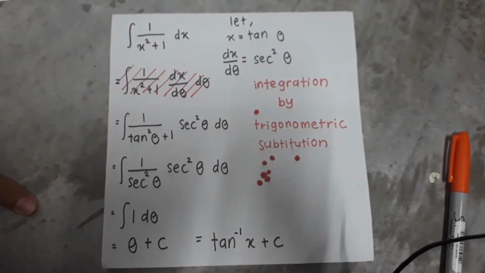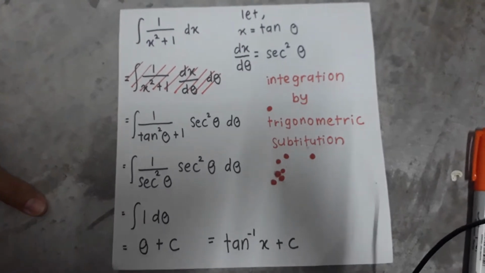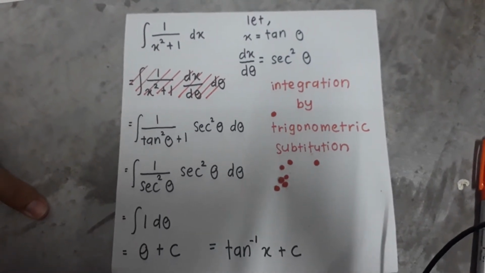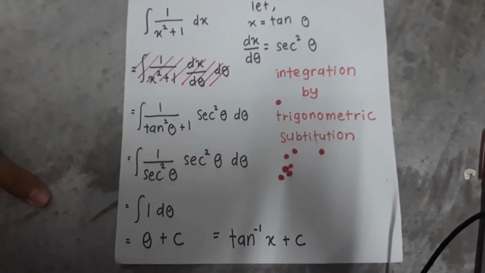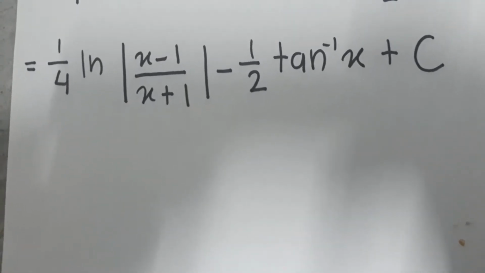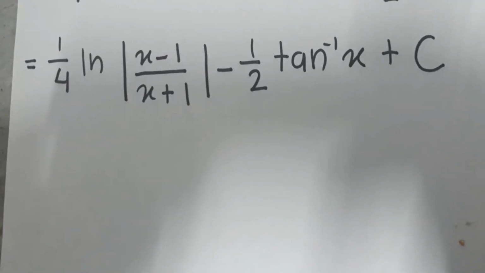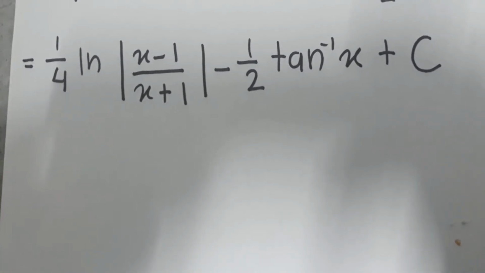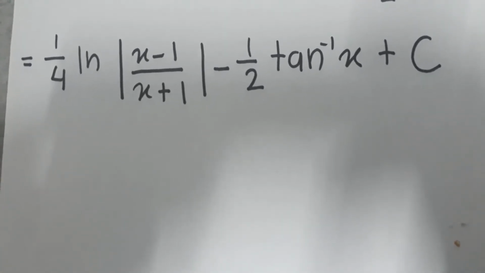We substitute back: theta equals tangent inverse x plus c. So the answer is 1 over 4 ln of (x minus 1) over (x plus 1) minus 1 over 2 tangent inverse x plus c.